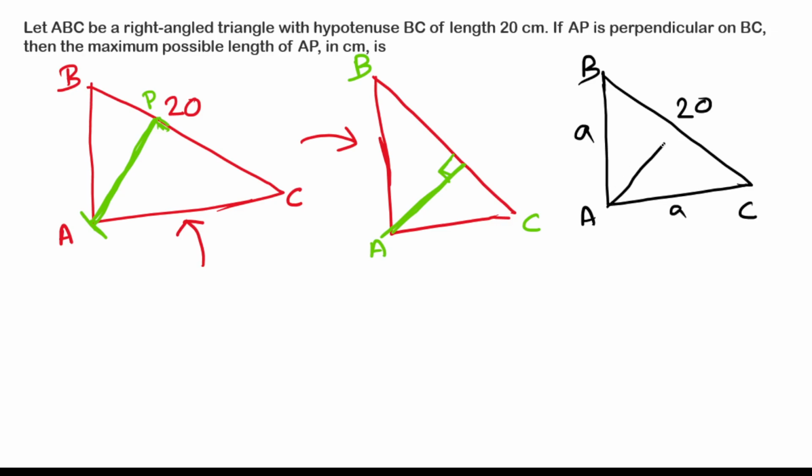And if you drop it from here, what will happen is this PC should be equal to BP, right? What I mean by that is this length should be equal to this length. Okay. So then this should be 10, and once this is 10, you can simply say that this should also be 10. So this is how you find out the length. Okay, this is 10 centimeter.